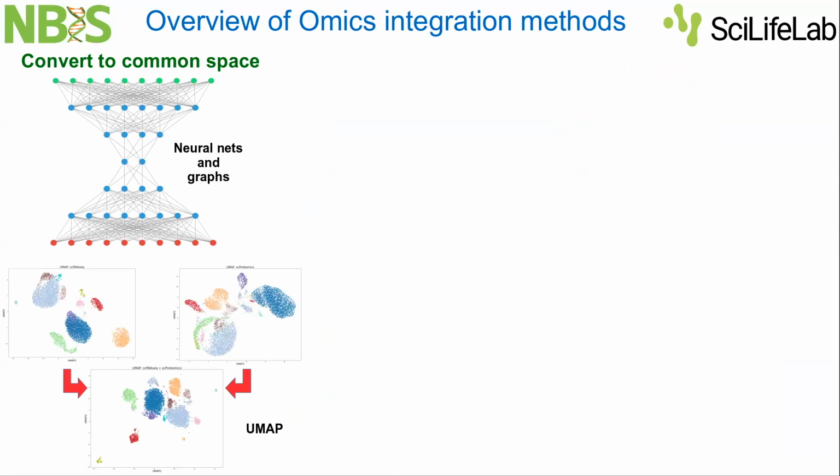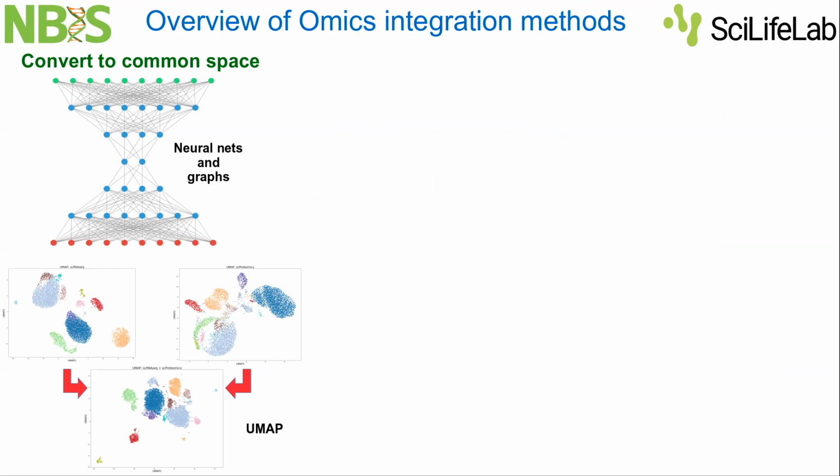Yes, and then there are quite a few methods developed in this area. If you look in the bulk integration, then you can notice a few methods. So integration did not start with single cell. People tried to integrate different omics before single cell.